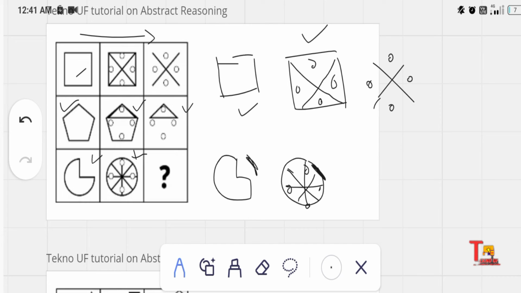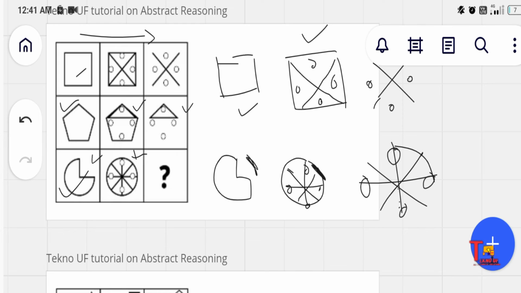So the output will look like this, and obviously this portion will be removed. If this portion is removed, what remains is the circle, the circle, the circle, and the added part, right? So I hope you have got the answer.